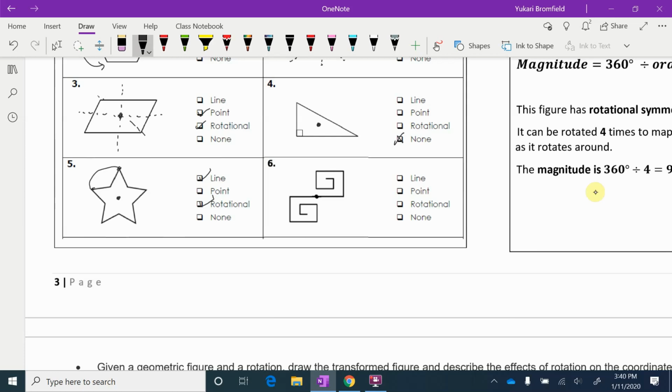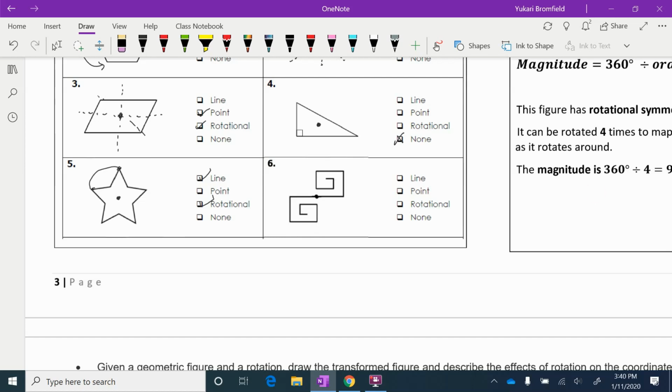I can draw a line through here, but notice that if you fold it over, it's not going to overlap. Neither will this line here. And then you might think that, well, what about the diagonal line? And certainly this part is not going to match up. So it does not have a line of symmetry. What about a point?